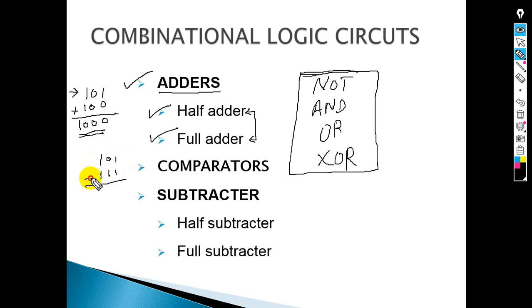If I'm adding these two binary numbers, the addition through the half adder will be like this. 1 plus 1 is equal to 10, but here I'm putting 0, so this is the answer and this is the carry.